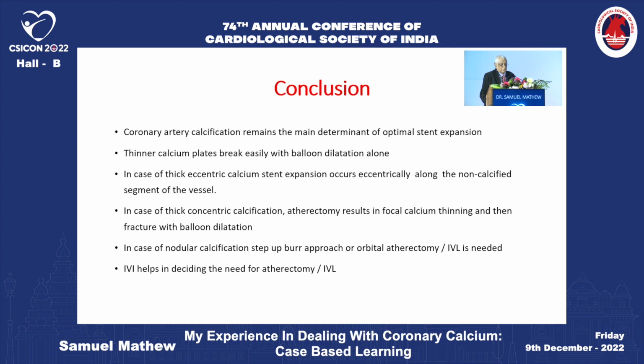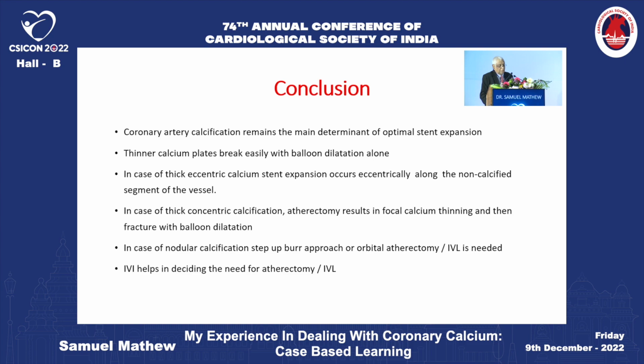In conclusion, coronary artery calcification remains the main determinant of optimal stent expansion. Thinner calcium plates break easily with balloon dilatation alone. In case of thick eccentric calcium, stent expansion occurs eccentrically along the non-calcified segment of the vessel.